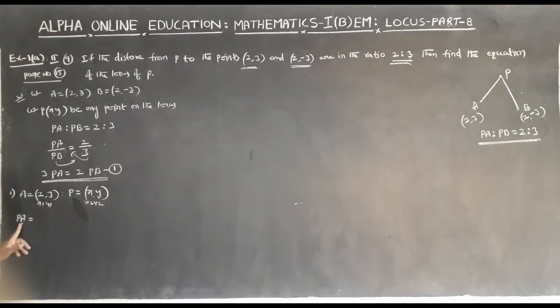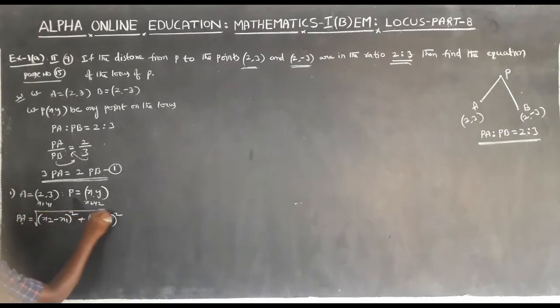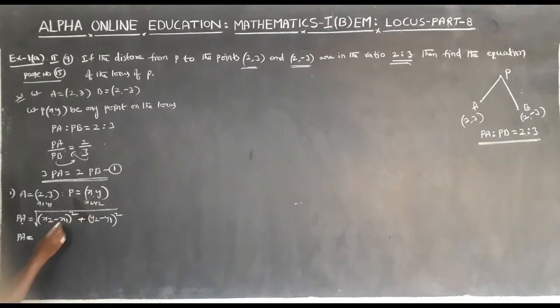Here PA means the distance between the 2 points P and A. The distance between 2 points formula: under root of (x2 minus x1) whole square plus (y2 minus y1) whole square. PA is equal to under root of (x minus 2) whole square plus (y minus 3) whole square. This is the PA value.